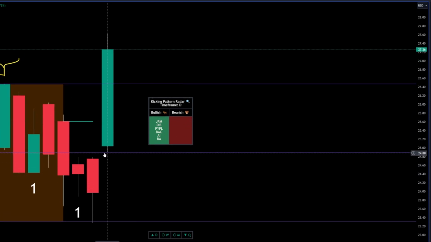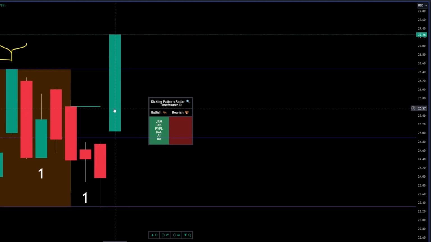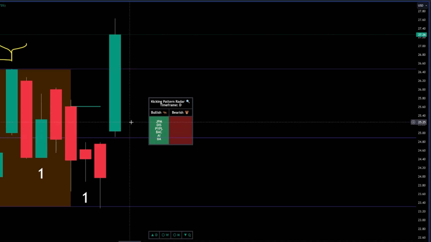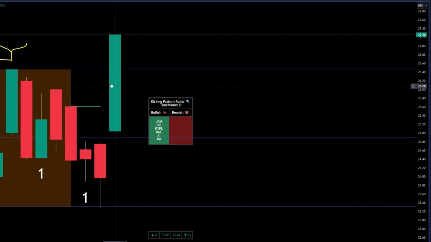Unfortunately, I don't think the outside radar is going to register because we're in replay mode. But essentially, we had the kicking bull here, and not only that, we got past that halfway point. As soon as we got past it, we had that understanding: it's not guaranteed, but there's a high probability we get to the other side.